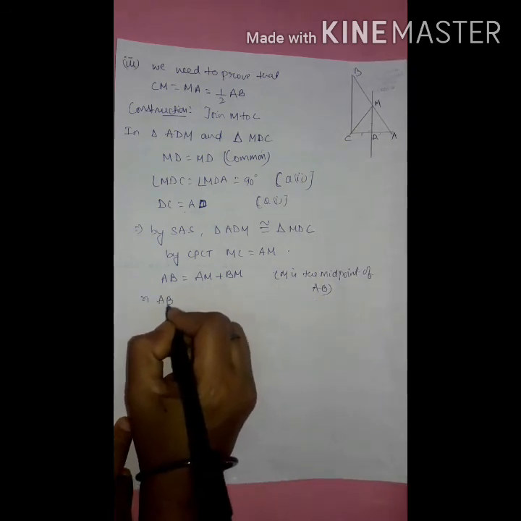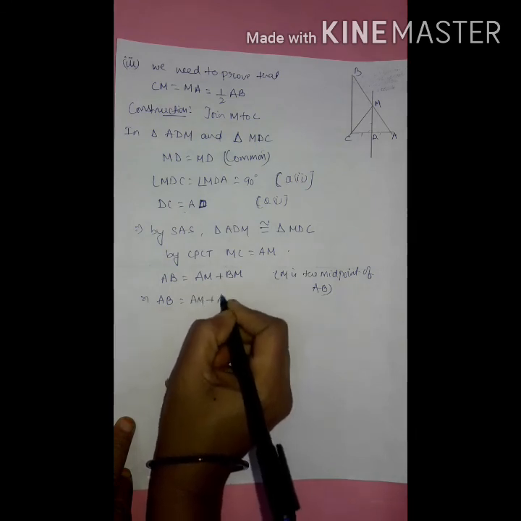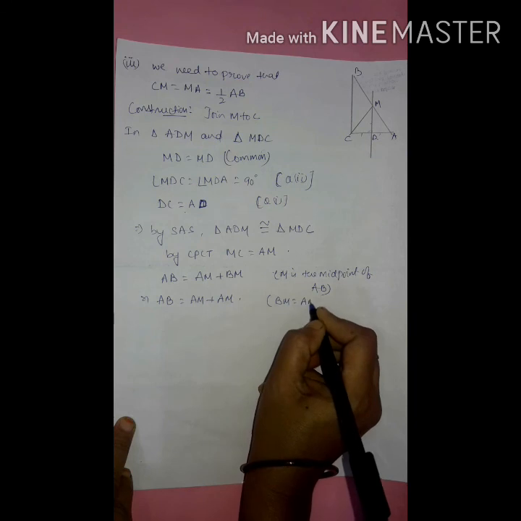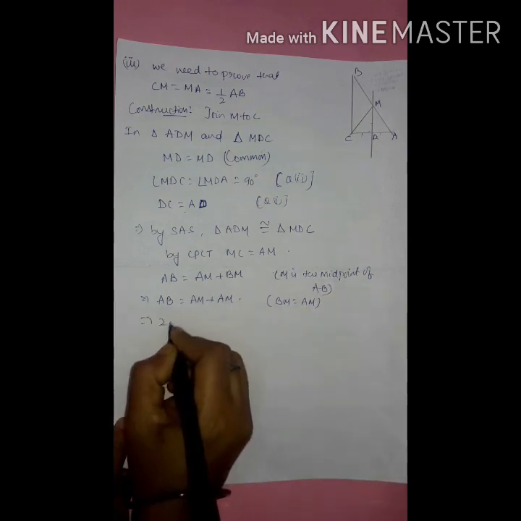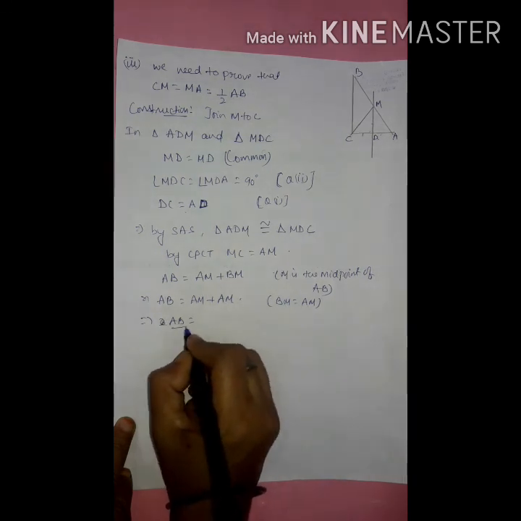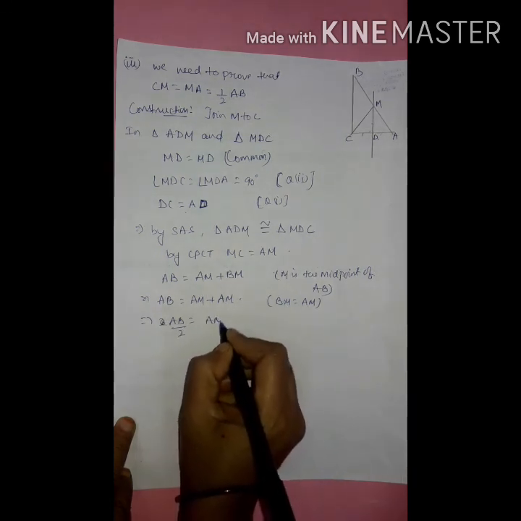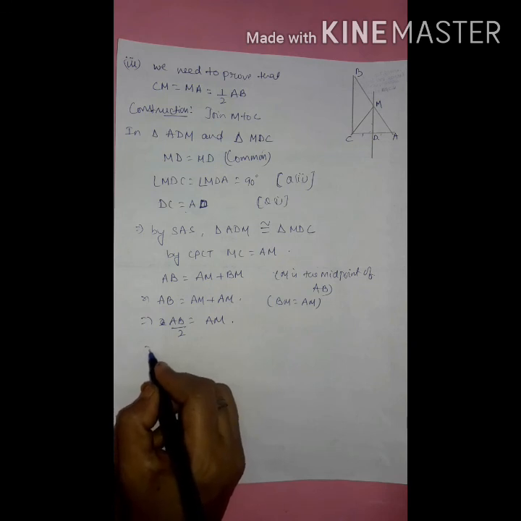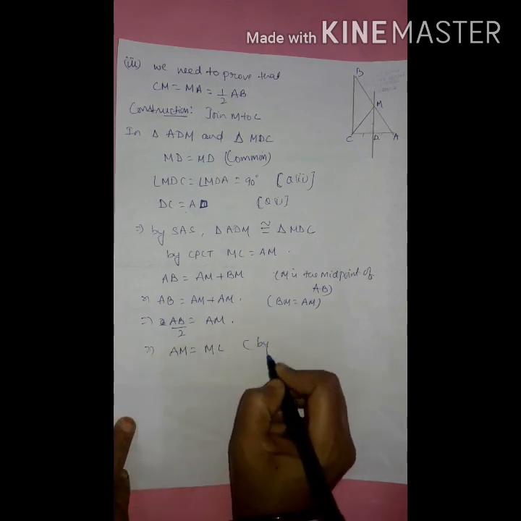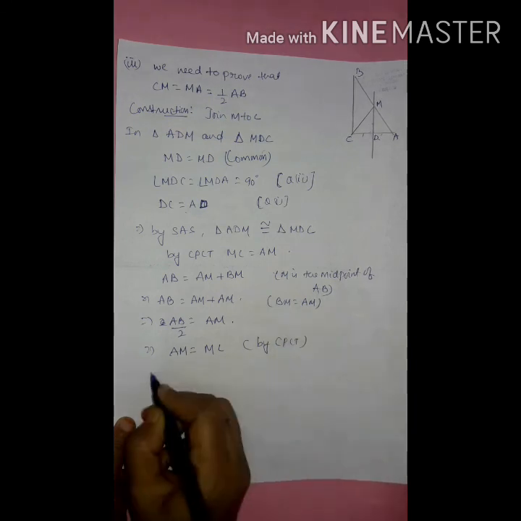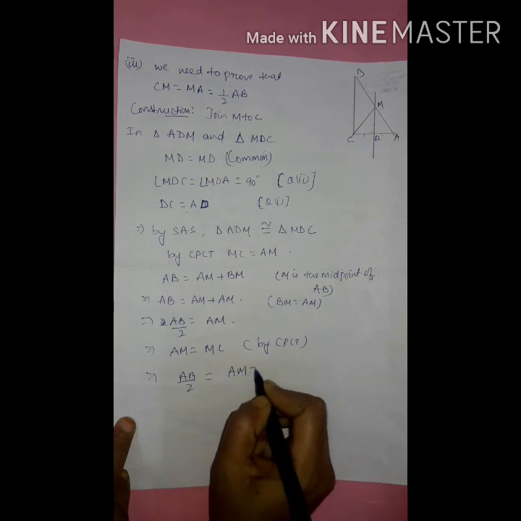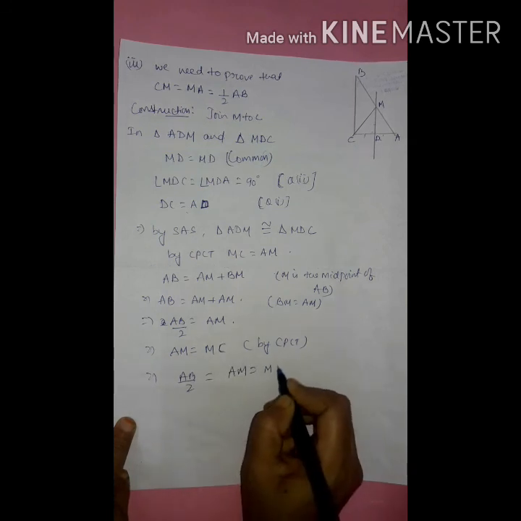This implies AB is equal to AM plus AM, so AB by 2 is equal to AM. We already proved that AM is equal to MC by CPCT. This implies AB by 2 is equal to AM is equal to MC. Hence proved.